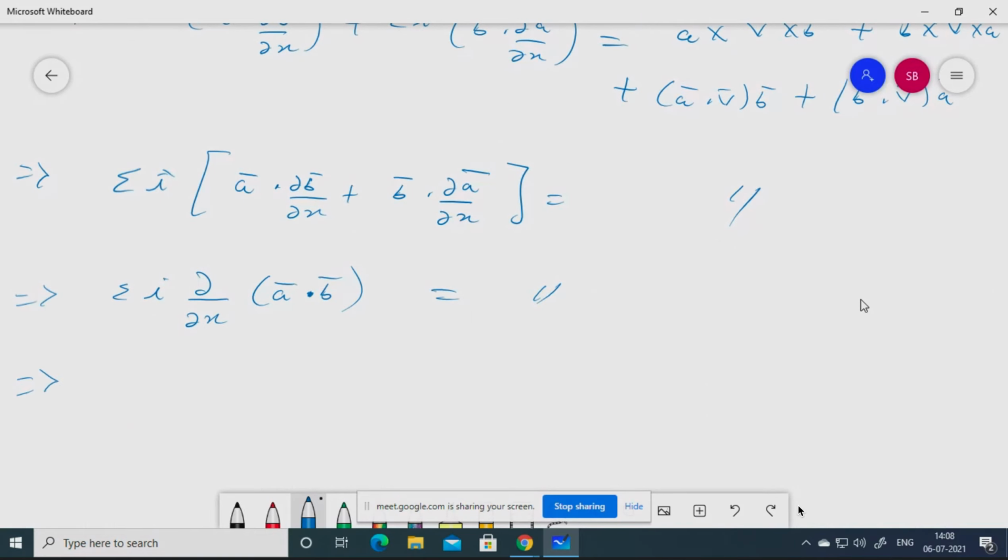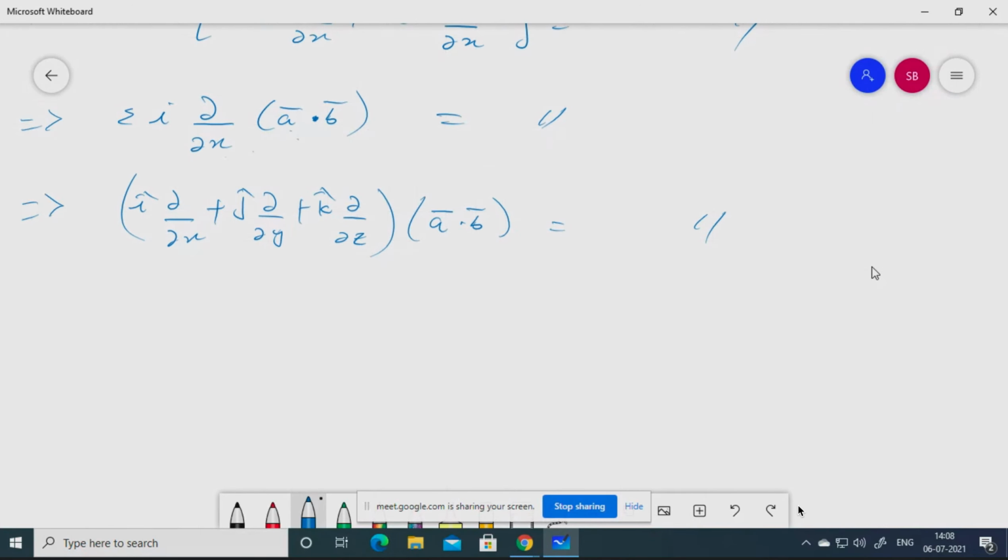Now if you expand this one, what are you going to get? i ∂ by ∂x of A bar dot B bar plus j ∂ by ∂y of A bar dot B bar plus k ∂ by ∂z of A bar dot B bar. What is that whole thing? Expanding this summation, j ∂ by ∂y plus k ∂ by ∂z of something, and on the other side as it is.